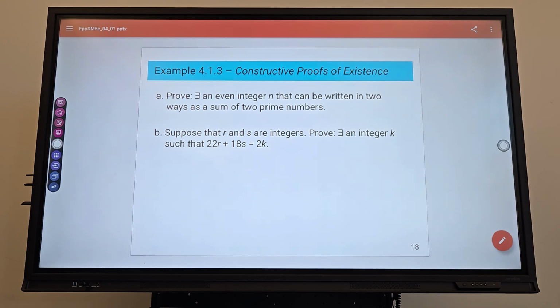You just solve for k in terms of r and s, so it would be 11r + 9s, and you can solve for s and r in terms of k and the other integer.